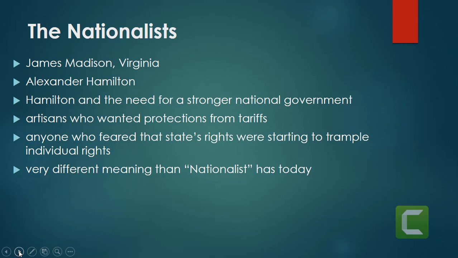Hamilton in particular was very interested in the economic development of the United States. And in particular, he wanted to see the United States become a very strong economic and diplomatic presence in the world. Hamilton argued the only way that could happen would be under a stronger national government, that the only way the United States was really going to live up to her potential was to have a stronger national government than it had under the Articles of Confederation.